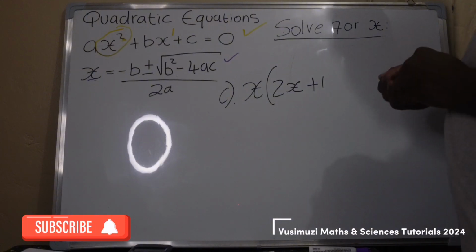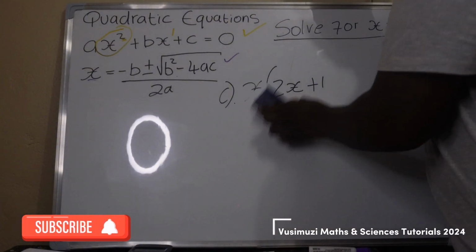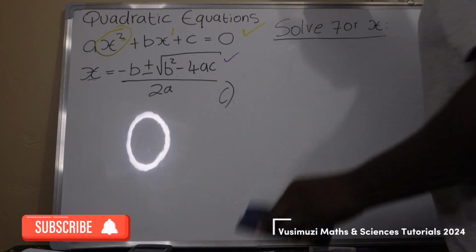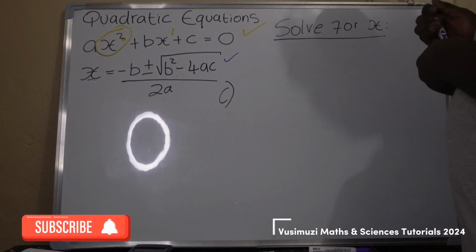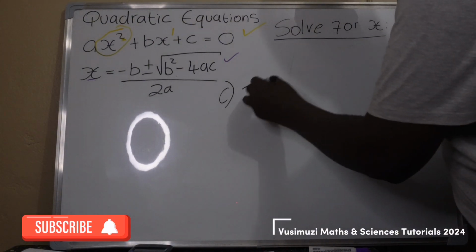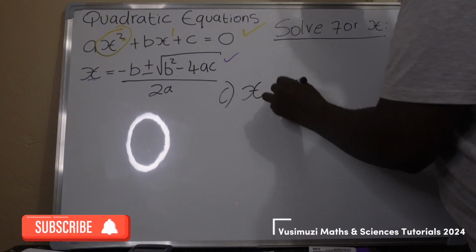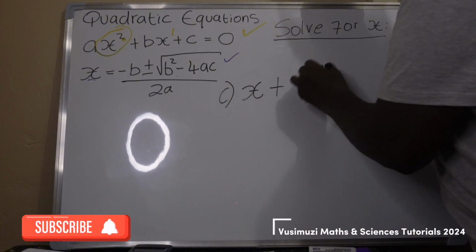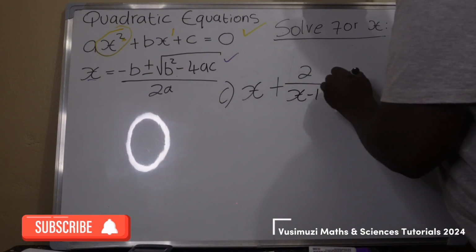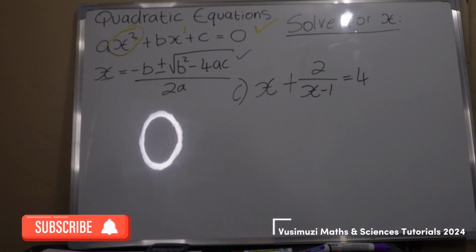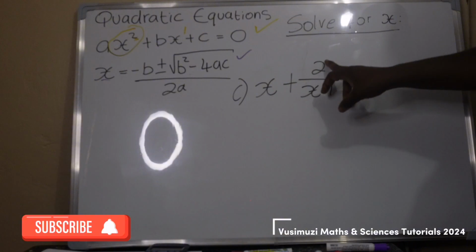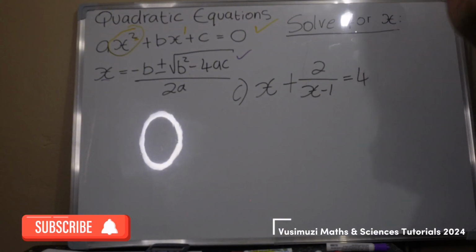No, this one here is a quadratic. Then the third one is x plus 2 over x minus 1 equal to 4. Yes, guys, so number C is x plus 2 over x minus 1 equal to 4, or to solve for x.